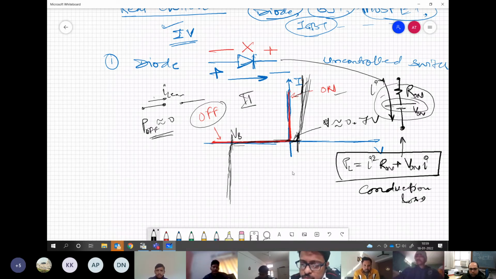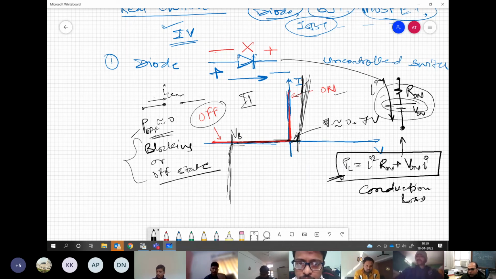And this is called blocking or off state loss. This can be regarded as 0 in most of the cases, whereas the conduction loss is basically a finite number which we need to have in our computations. Clear? You understood about diode, how it is behaving? Okay. Yes, sir.